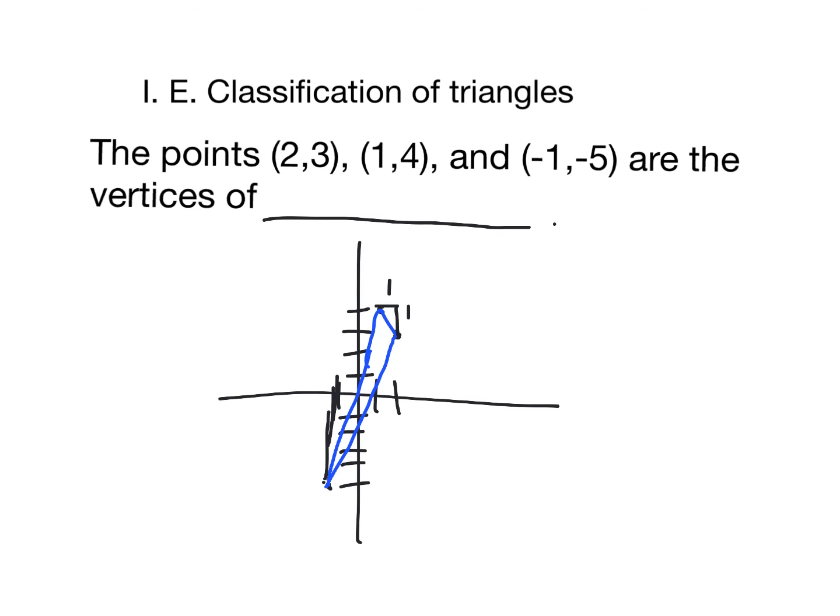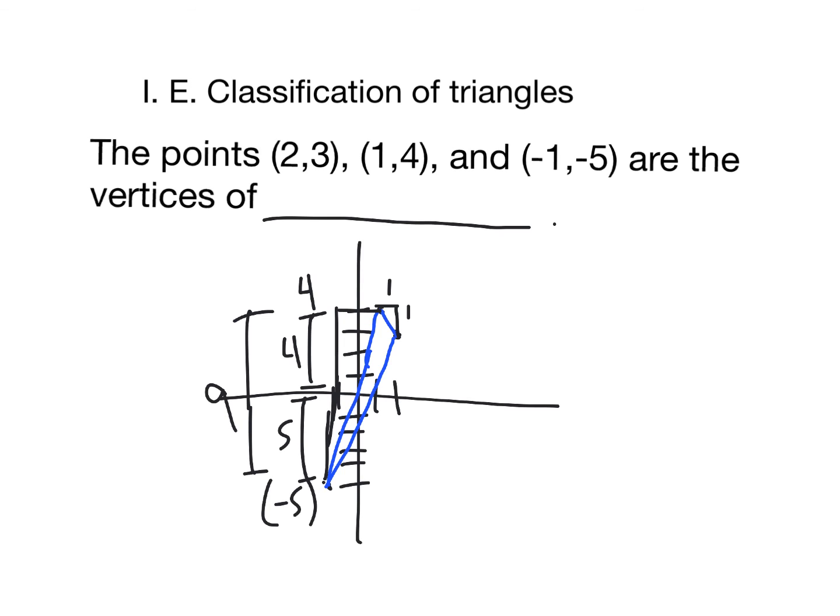This one, we'd have to go up. We're at -5 going up to 4. So -5 to 0 would be 5, 0 to 4 is 4, so that's a total of 9. So we've got a 9 by 2 rectangle there.